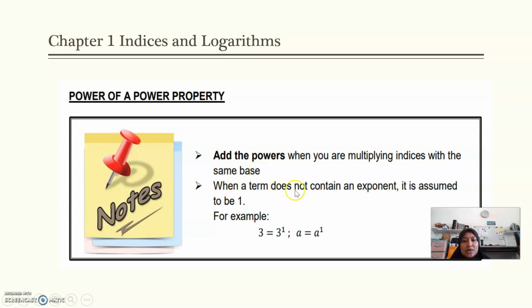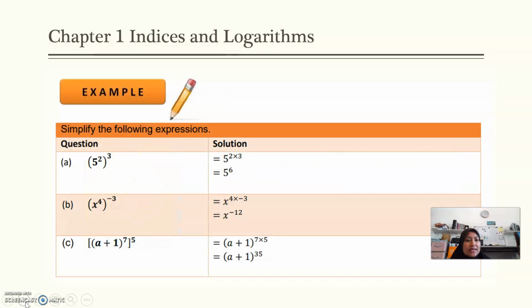When a term does not contain an exponent, it is assumed to be 1. For example, 3 is equal to 3 power of 1, and A is equal to A power of 1. Let's take a look at the next example.